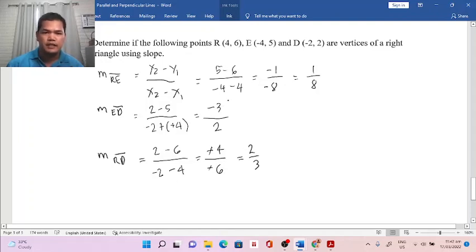And as you can see, these two are negative reciprocals of each other.